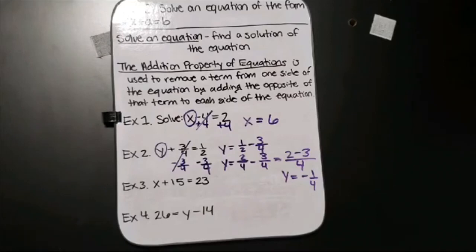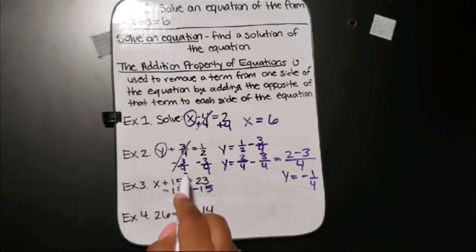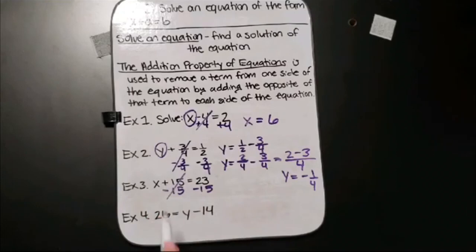All right, let's look at example number 3. We have x plus 15 equals 23. We want to get the x by itself. So where we have plus 15, we need to subtract 15. All right, so plus 15 minus 15 is just 0.